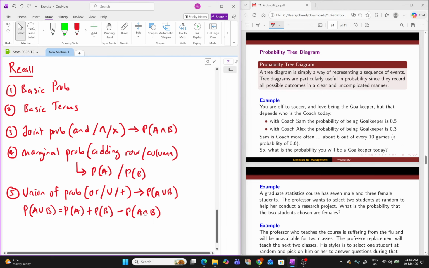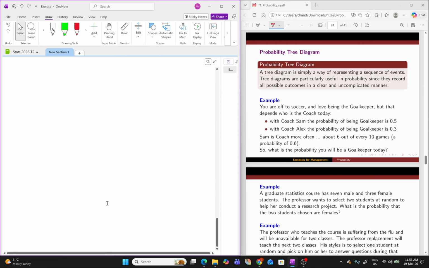Okay, next we are going for tree diagram. Before we go through this example, let me give my own example here. For a tree diagram, we will draw some branches.